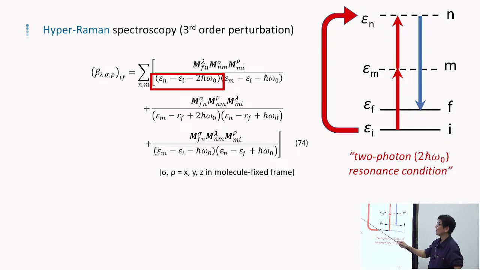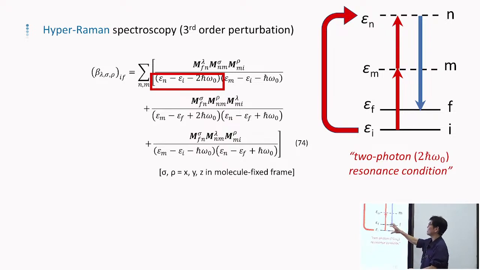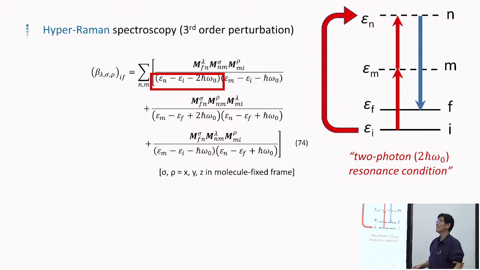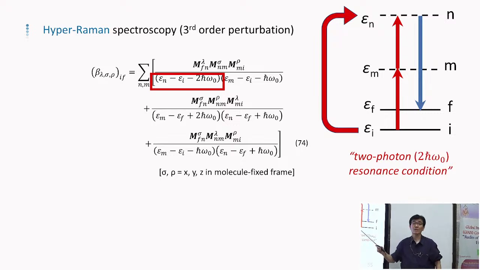Then Hyper-Raman scattering becomes huge. Also, when the energy difference between the initial and first intermediate state matches with the excitation wavelength, this term also contributes to the resonance effect. So Hyper-Raman spectroscopy has two kinds of resonance condition. In this regard, it's different from Raman scattering.